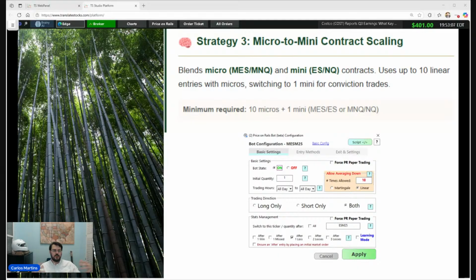You increase with another one. And if you want to do that again, the third time, you do it with another one again. So you go to 1, 2, 3, 4, 5 contracts instead of 2, 4, 8, 16, 32. That takes a long time for you to get a very big position.